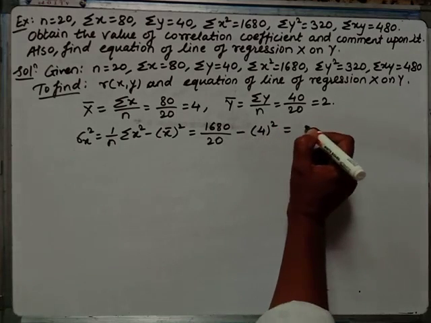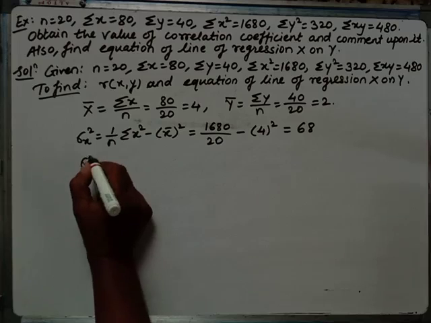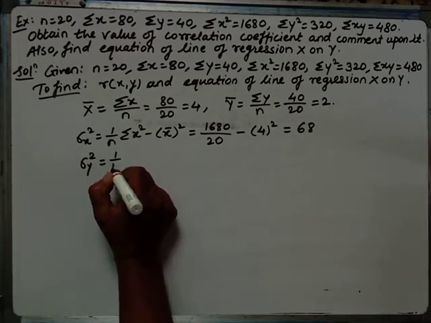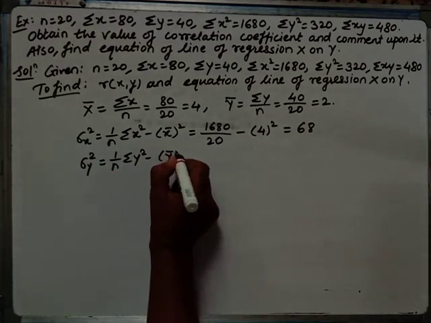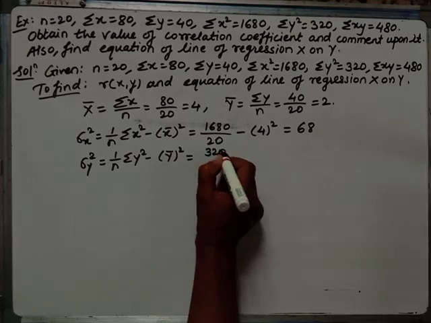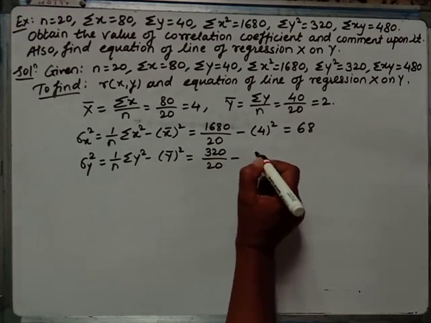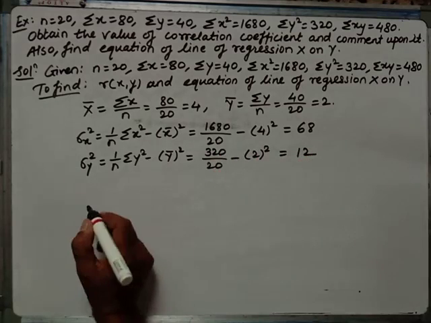This simplification is 68. Again sigma y square is 1 by n summation y square minus y bar square, so this is 320 upon 20 minus 2 square, and this is 12.